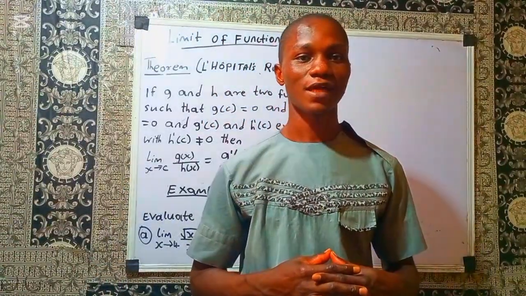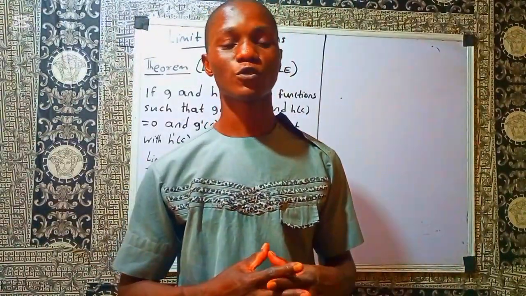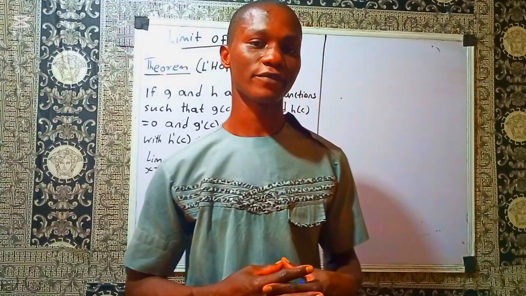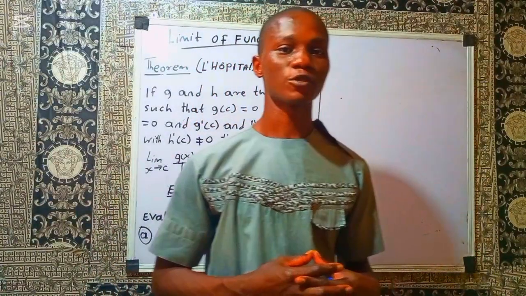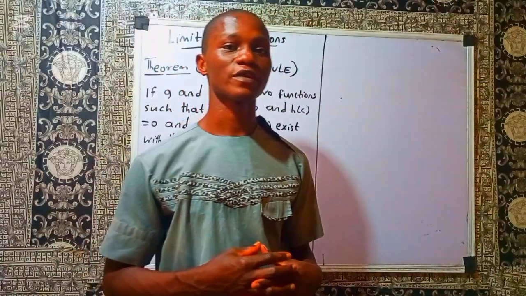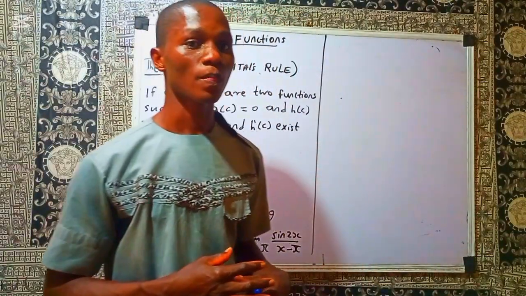This is mathematics class, and today we are here to continue with the topic we introduced in our previous class, limits of functions. I told you that I will be showing you how to evaluate limits of real valued functions with some examples.